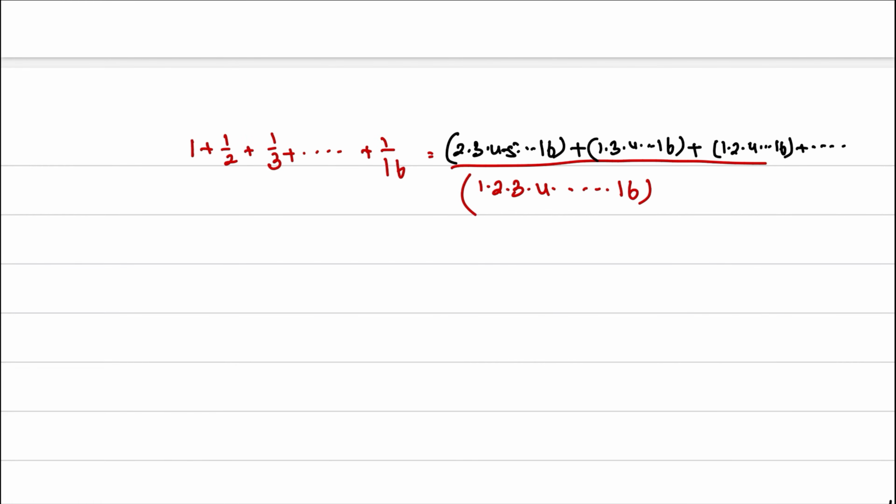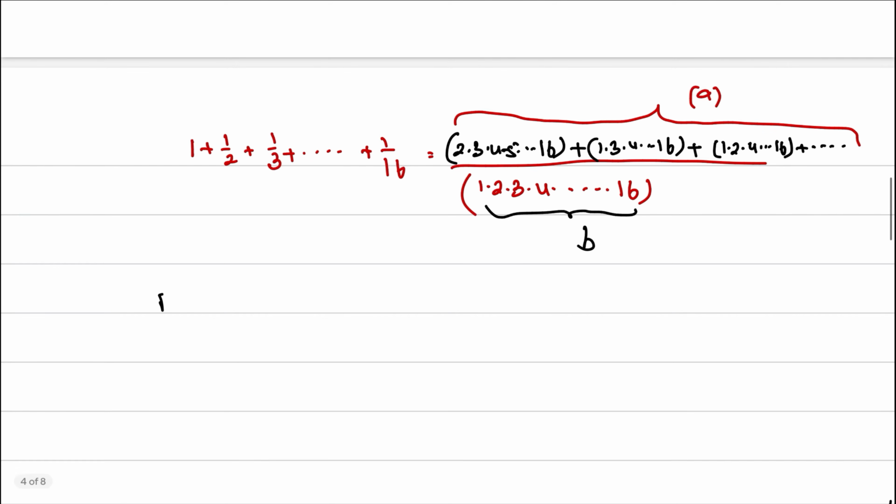Already we have found that this particular value is numerator A, and it is defined already. This particular value is denominator B.